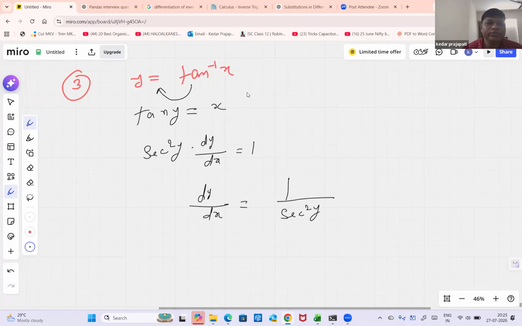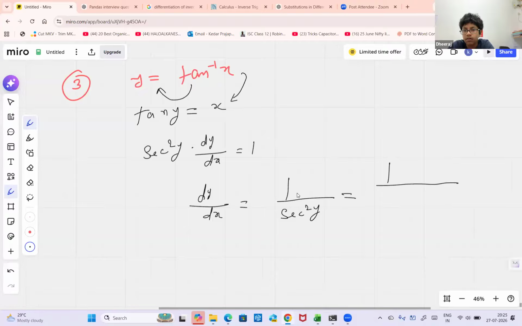But here in the question there is no secant. I have to write it in terms of tan. Secant square y is how much? Secant square y is 1 plus tan square y.